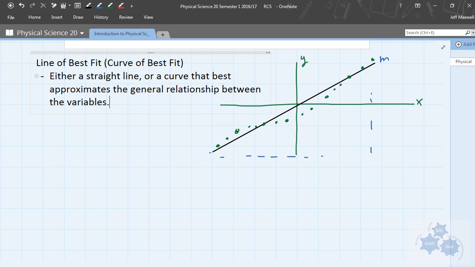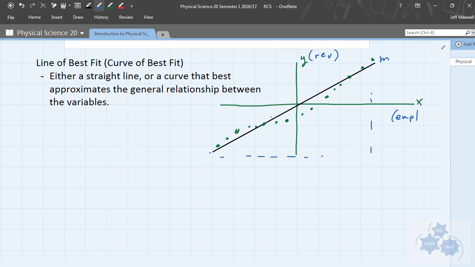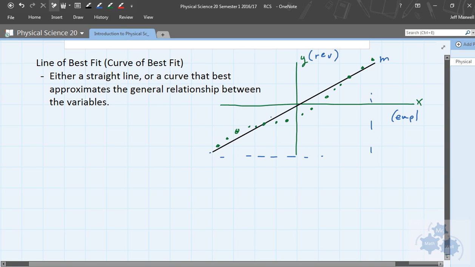Okay. For example, let's say that the Y is revenue, okay, and the X is employees, I guess. Now, if I did something like this, I wouldn't probably be able to have 0 be right here.